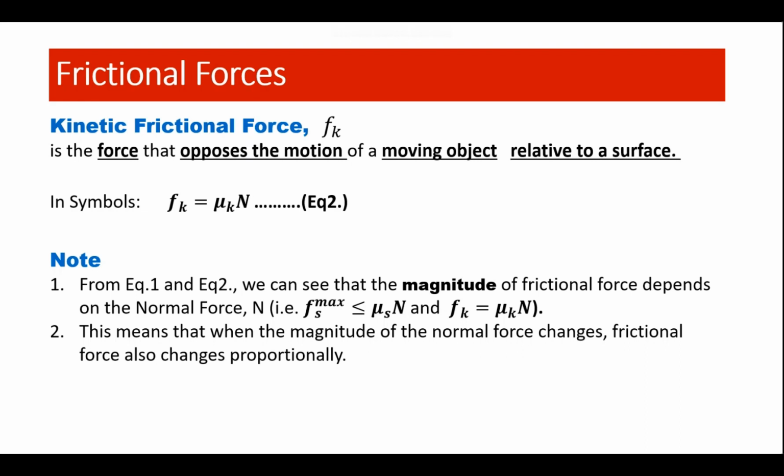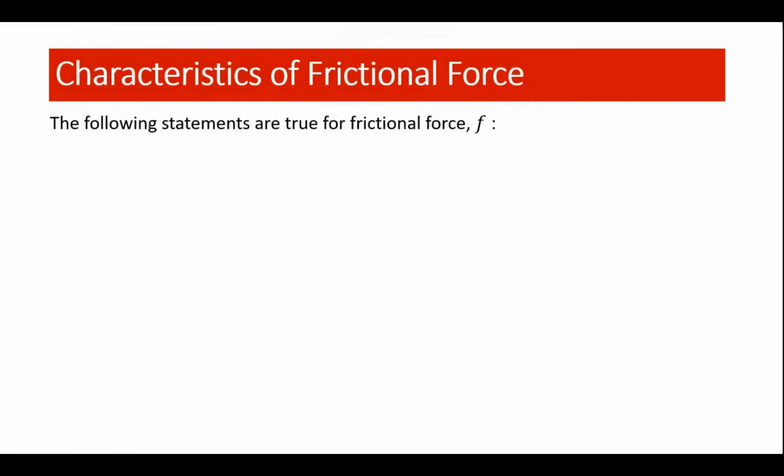If normal force increases, it means frictional force is also going to increase. If the normal force decreases, then the frictional force is also going to decrease. That's what it means to change proportionally.